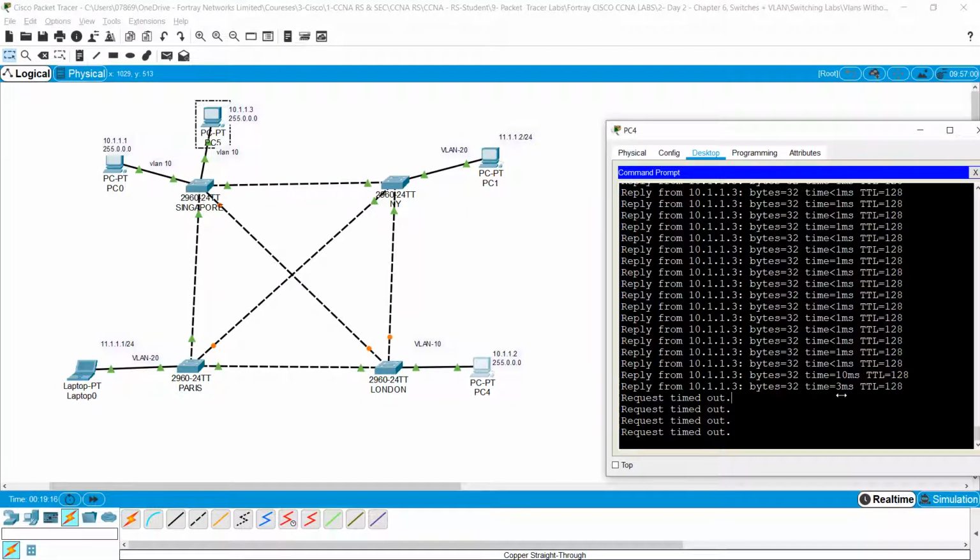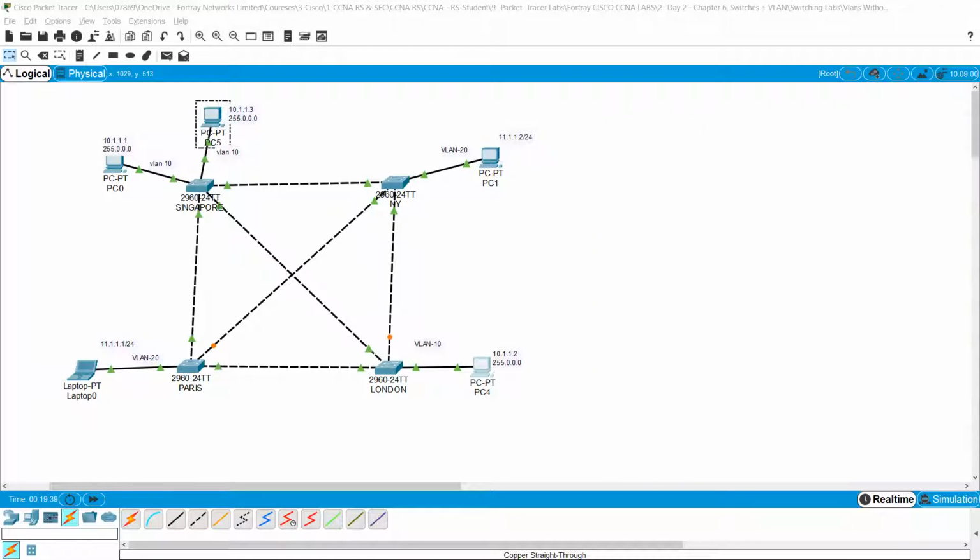You will see our communication will be broken from here to there. What I have done on this port and this port, on both the Singapore switch and the London switch, is set them to auto. Now the ports are up, but communication is not happening because auto will never exchange the DTP information, so the trunk will never come up.